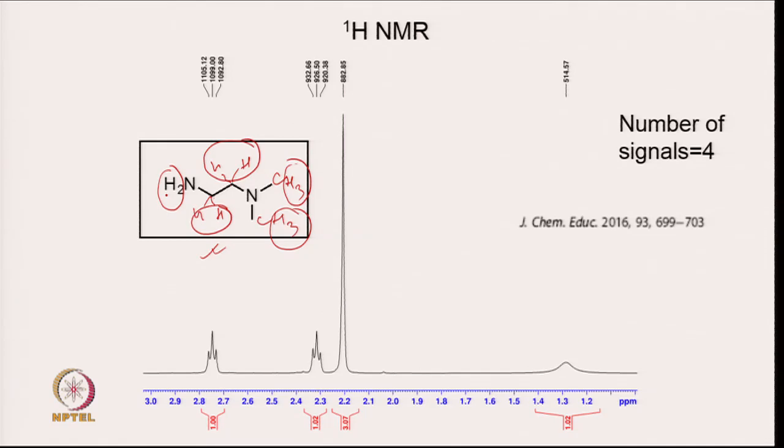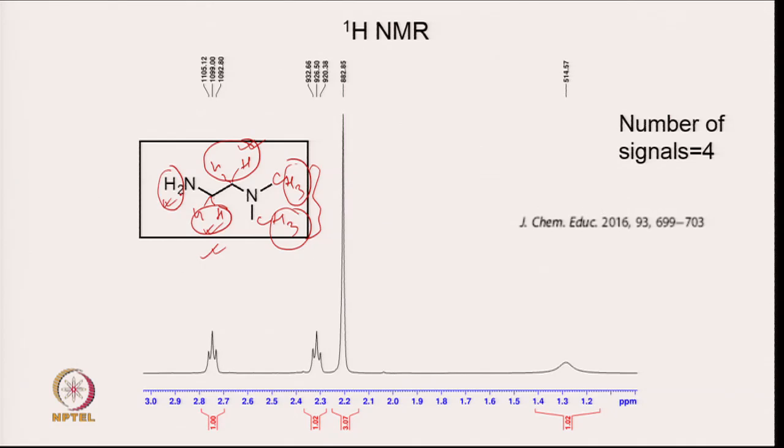And so there are 4 different groups, one consisting of these 6 protons, another consisting of these 2 protons, the third one consisting of these 2 protons, and the fourth one consisting of these 2 protons.